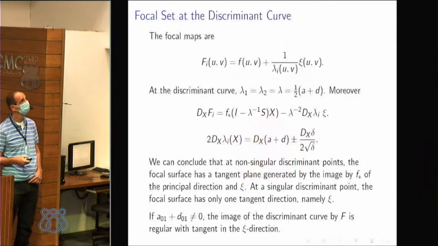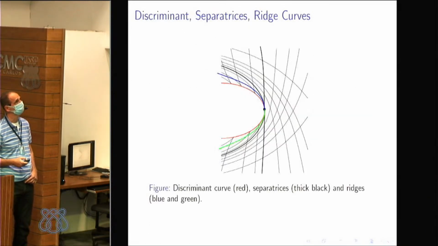And the condition is exactly this here: we have a cuspidal edge, but the condition is that the blue and green lines are like that. They do not have tangency of order 2 with the separatrix, which are in black.